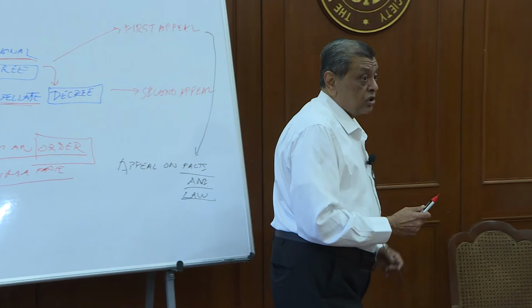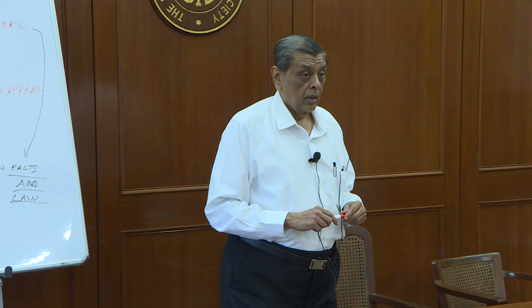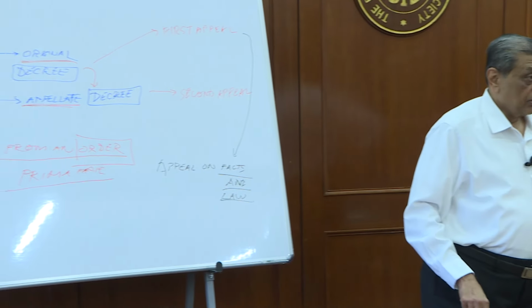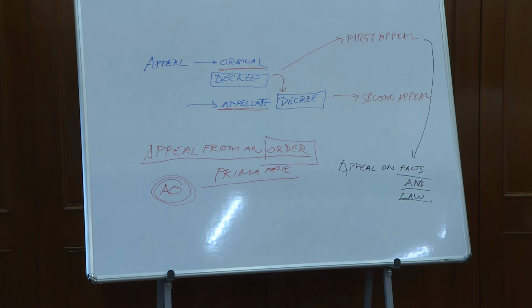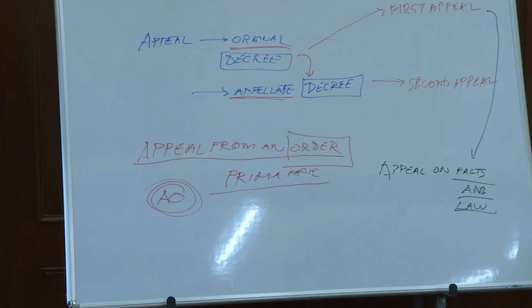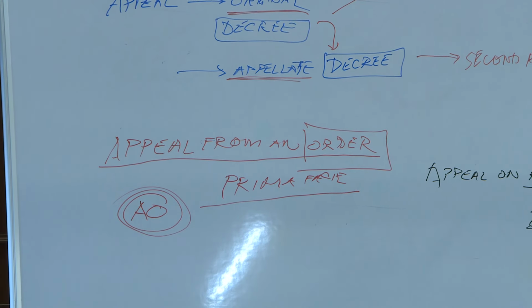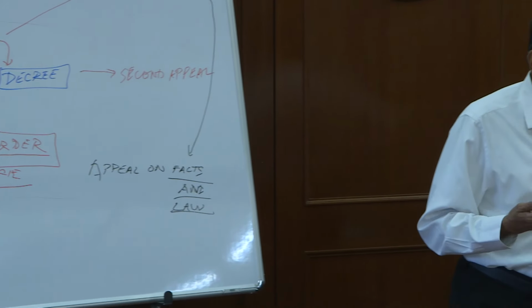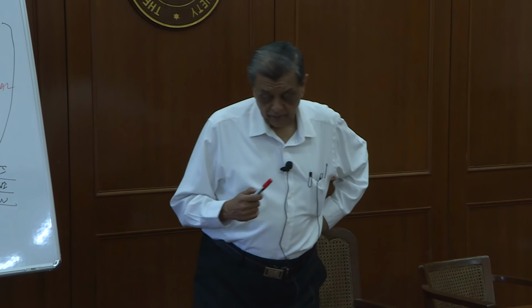An AO is not an appeal as of right. An AO is discretionary because the IA was discretionary. The IA is determined by certain factors such as prima facie, balance of convenience, and so on and so on.